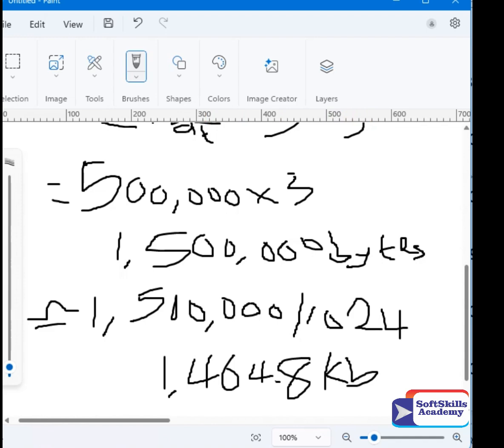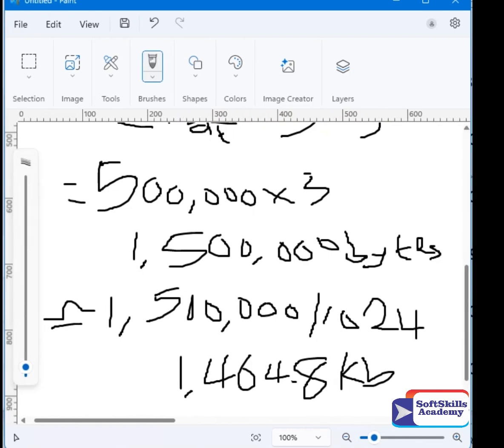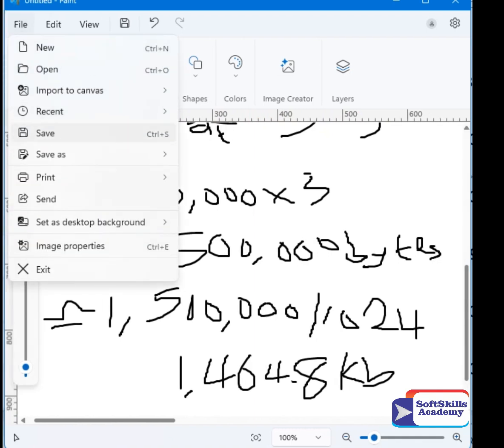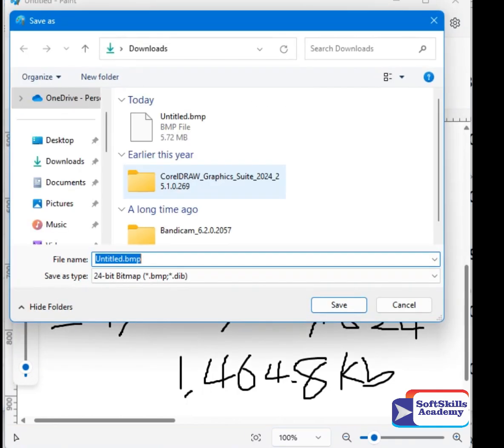Let's assume all this we have been doing, we are converting it into an image. Let's try to save this very image as a bitmap picture.